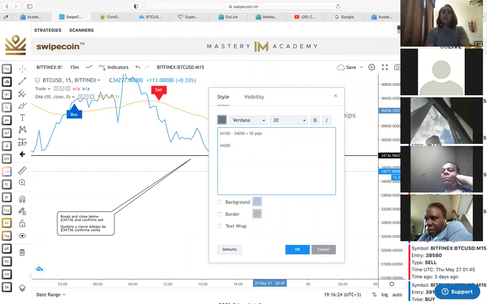Now let's say we want to take this for 250 pips, right? So we want to take it to our take profit of 250 pips move. Now, what price will we then look to make our take profit? If we're taking this for 250 pips from 34,280, where would we be looking to take this?